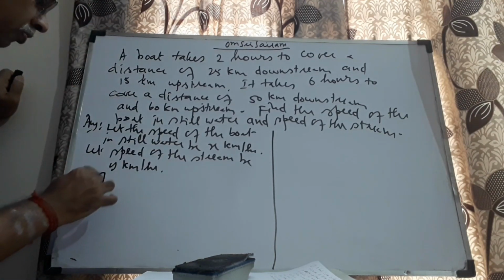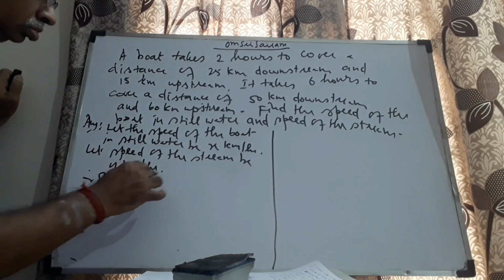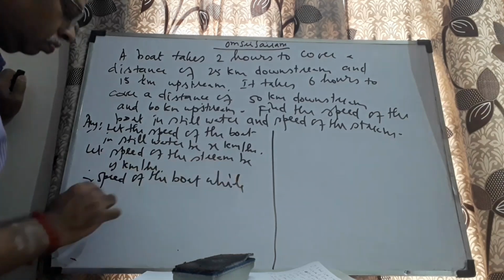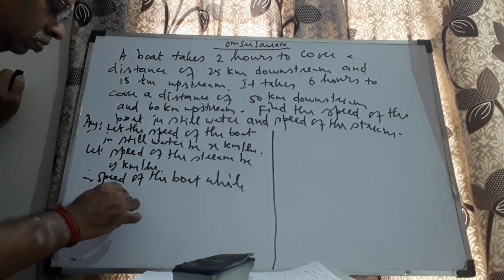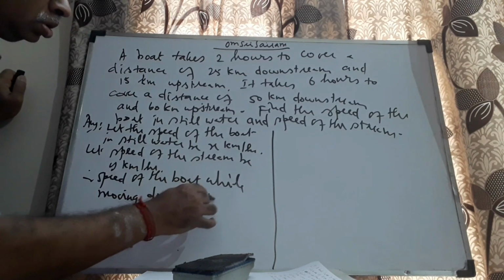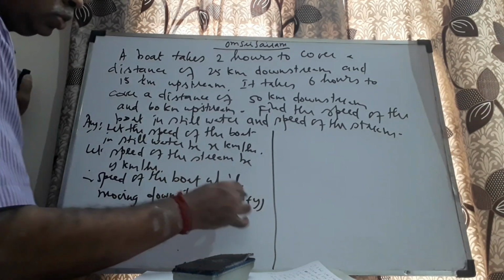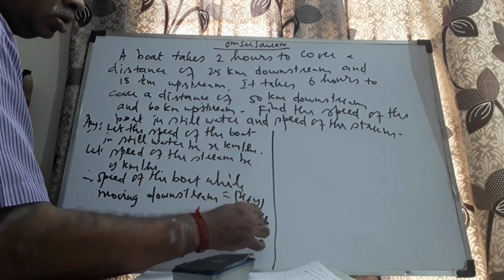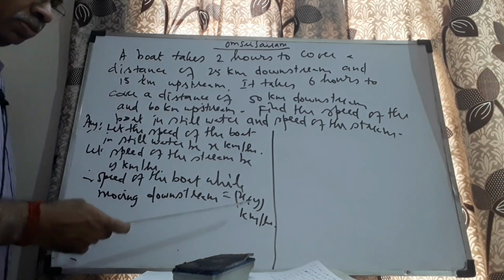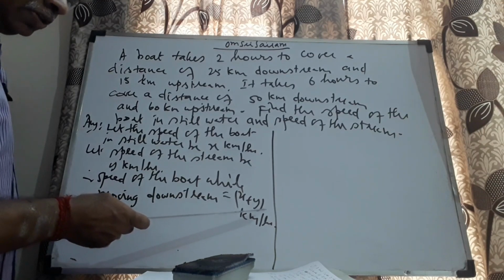Therefore speed of the boat while moving downstream is equal to x plus y kilometers per hour, because it's moving along with the current. Therefore the speed of the boat will be added along with the speed of the stream also.